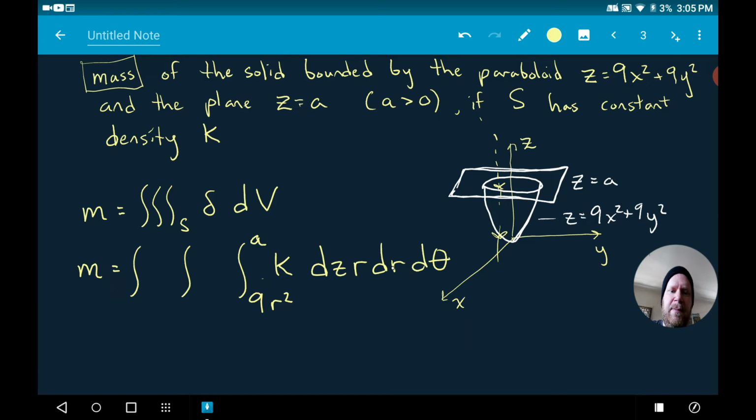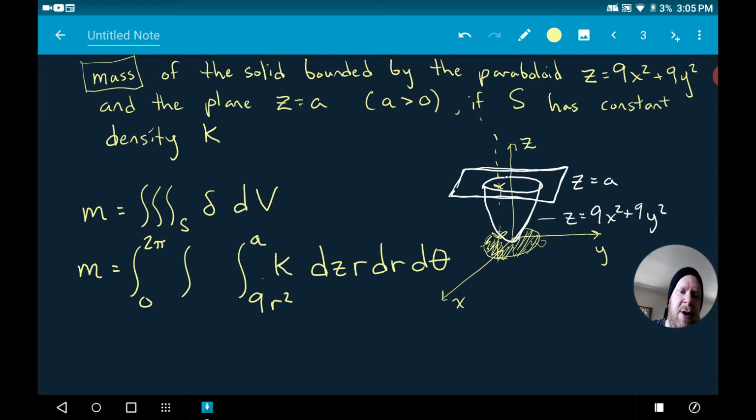R in this one is a little tricky to figure out, so we want to think about that shadow, or the projection, for our next two integrals. That's the shadow, and we need to figure out the radius of that circle. Theta is going to be between 0 and 2 pi, since it's a full circle, but if we want to figure out the radius, we want to figure out where this shadow is occurring.